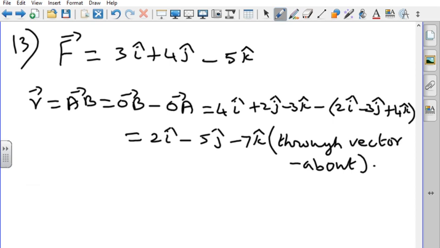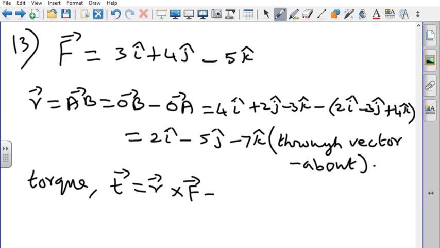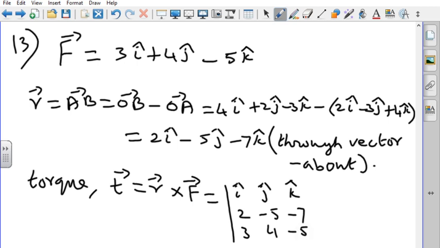Now we know that torque or moment, that is T vector, is equal to R vector cross F vector. So it is equal to the determinant of i cap, j cap, k cap, R is 2, minus 5, minus 7, and F is 3, 4, minus 5.